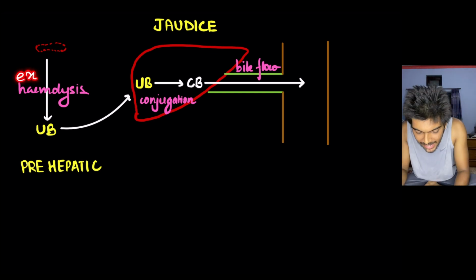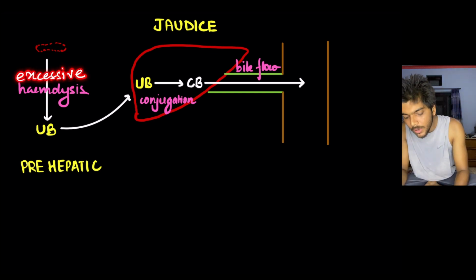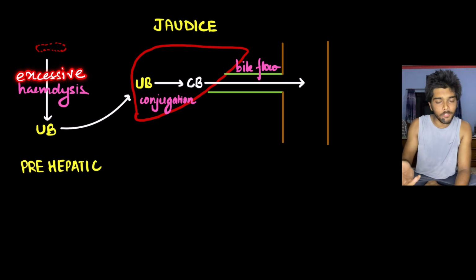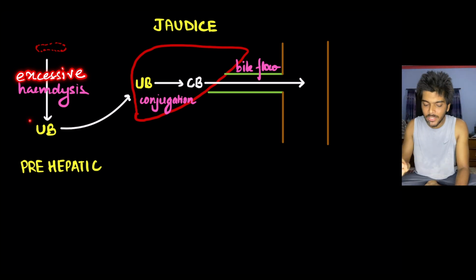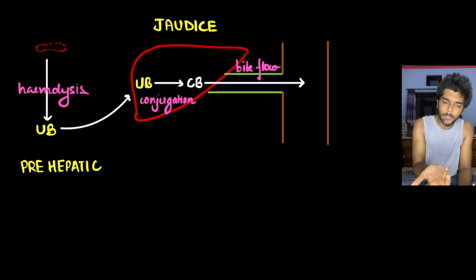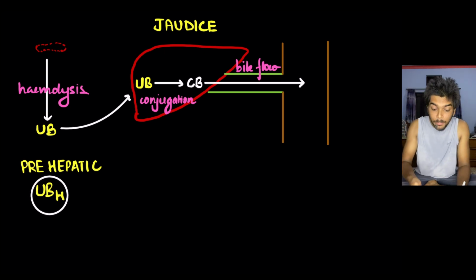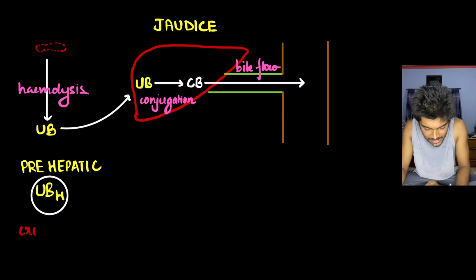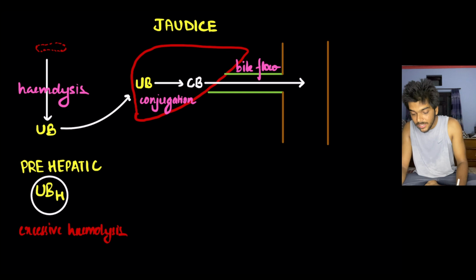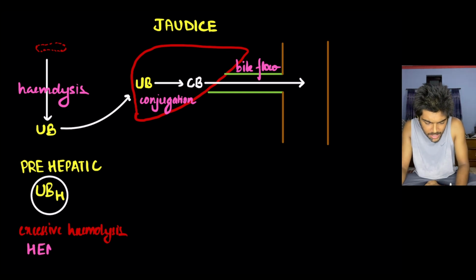If there is excessive hemolysis, either in adult or in infant, this will result in production of excess unconjugated bilirubin, and that will lead to unconjugated hyperbilirubinemia. So pre-hepatic jaundice is associated with unconjugated hyperbilirubinemia, and the reason behind it is excessive hemolysis. Since the cause is excessive hemolysis, it is also referred to as hemolytic jaundice.